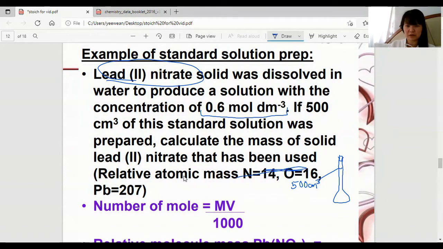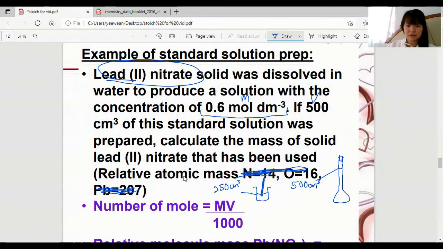We're going to use the data booklet to be more precise to match the IB syllabus. So we have the M here, we have the V and per 1000. So then we can calculate the number of moles that we're going to dissolve into that 500 cm³ of water. We'll start off with maybe less than that, say 250 of water, just an estimate.